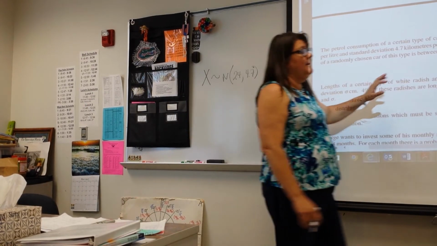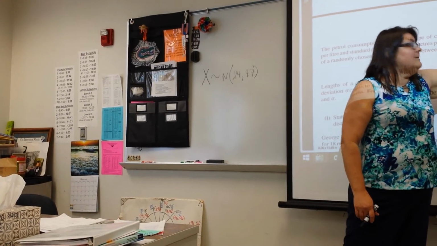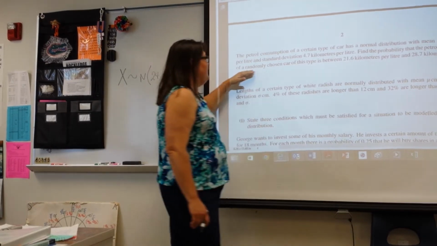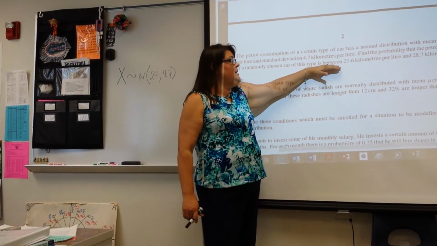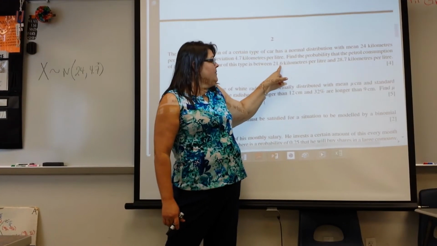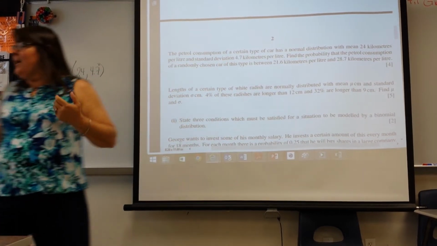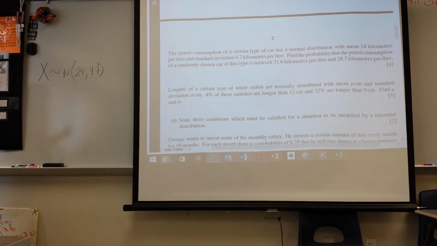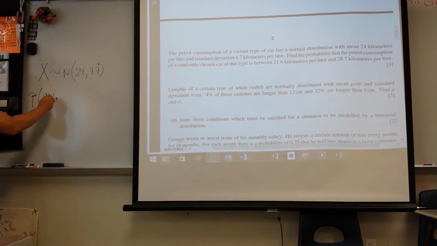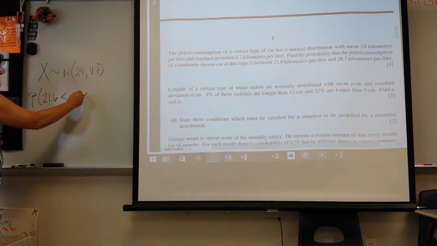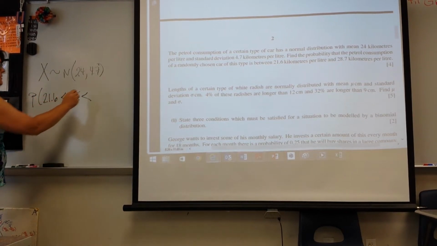Find the probability that the oil consumption of a randomly chosen car is between 21.6 kilometers and 28.7 kilometers per liter. So how do I write that? The probability that 21.6 is less than X is less than 28.7.